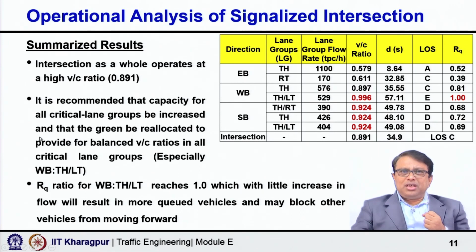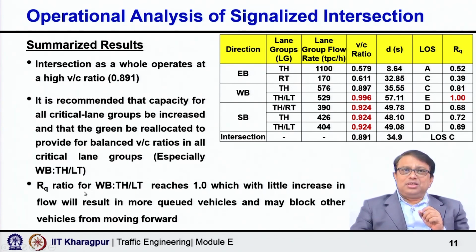So, that is what I have said, that all lane groups should be increased and that the green be allocated to provide more balanced V by C ratio in all the lane groups. Ideally, we do not want values to vary so much, 0.579 in one lane group and 0.996 in another lane group. So, it indicates some reallocation of the green time will probably benefit the operation of traffic at this signal.